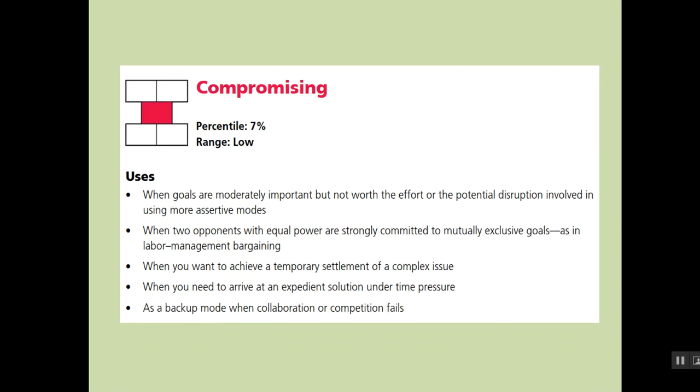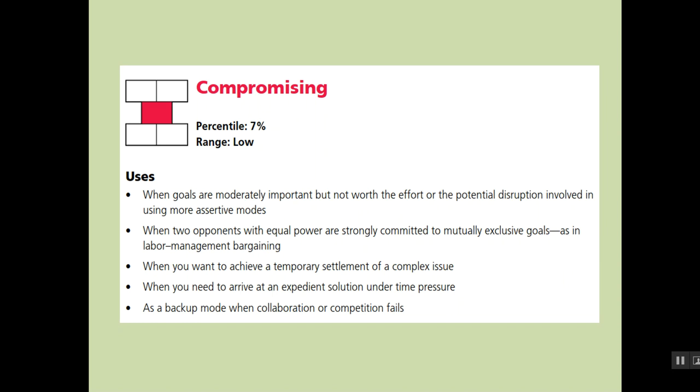The last part is compromising. That comes as a middle between the top two and the bottom two. The percentage is about 7%, and the uses are when the goals are moderately important, but not worth the effort or the potential disruption involved in using more assertive modes.